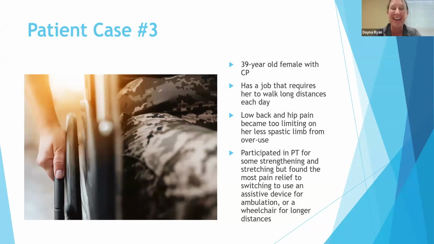Right. And then the next patient is a 39-year-old female with cerebral palsy. She had a job that required her to walk really long distances every day, and she loved her job. She was referred to me from Dr. Haapala because her low back and hip pain became too limiting to walk at all on her non-spastic limb, because from overuse she was always standing on that side.